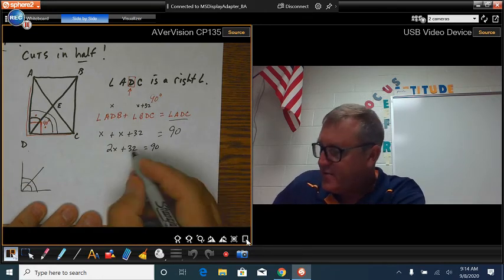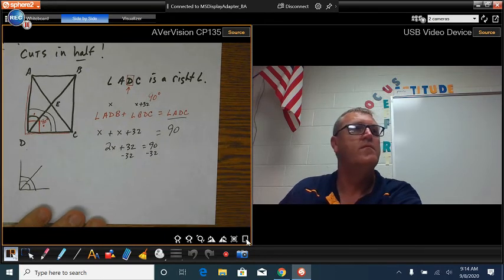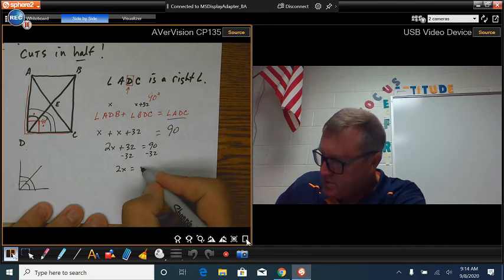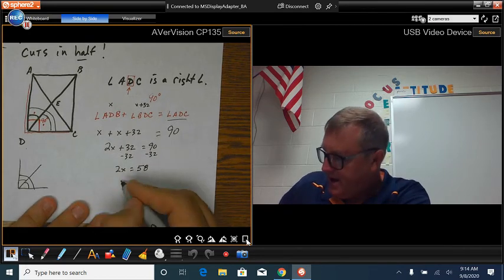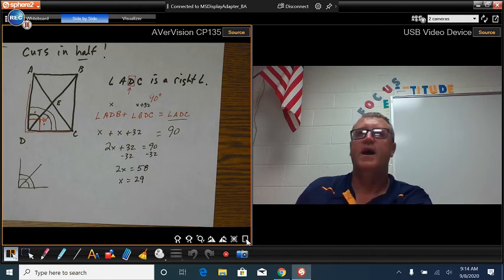Algebraically, I subtract 32, and I have 2x is equal to 58, and I have x is equal to 29.